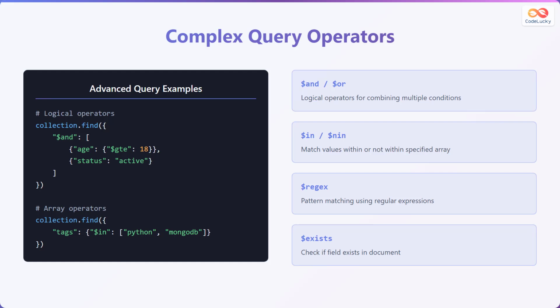Array operators such as $in and $nin enable you to match values within or not within a specified array. For instance, you can find all documents that have either Python or MongoDB in their tags array. Other important operators include $regex for pattern matching using regular expressions, and $exists to check if a field exists in a document.